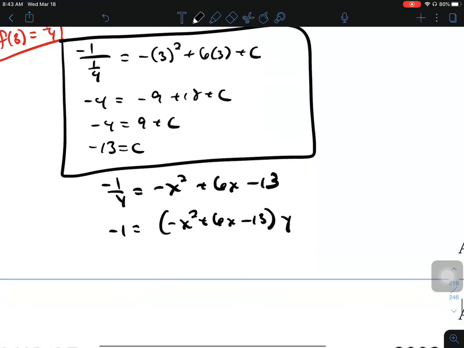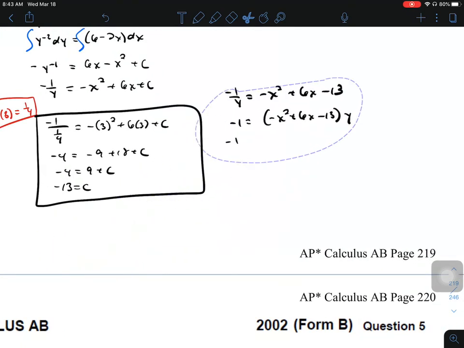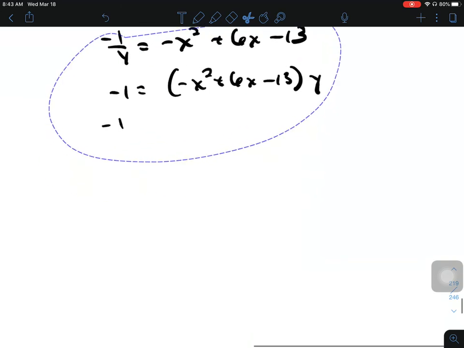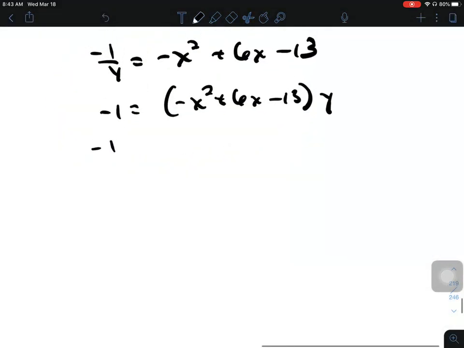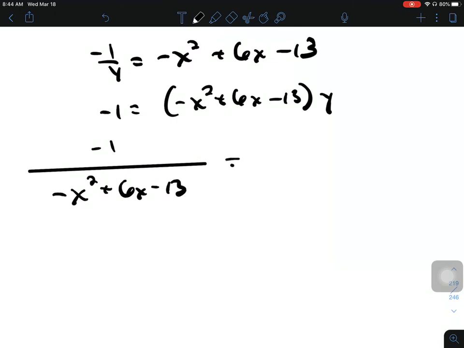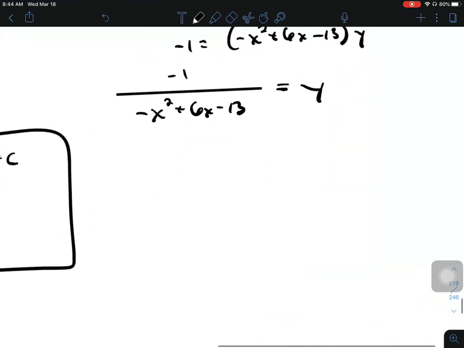And then divide both sides by this trinomial. Tell you what, I'm going to throw this up here because I'm desperately running out of space. And then it says that y is f of x, so let's write this as f of x equals.